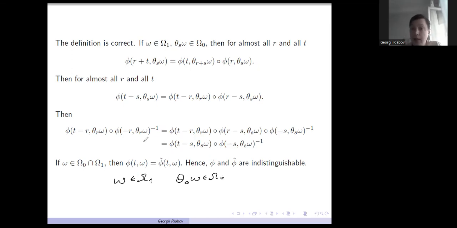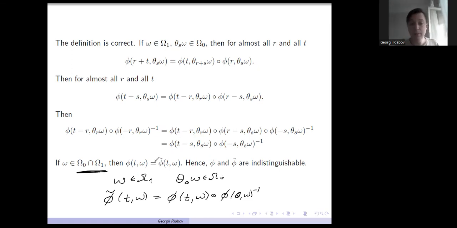Hence phi tilde is defined as phi t minus 0 and composition phi 0 omega minus 1. We know that this is identity. So on the set of probability 1, phi and phi tilde coincide for all t. It means that they are indistinguishable.